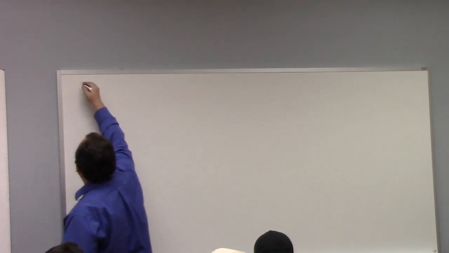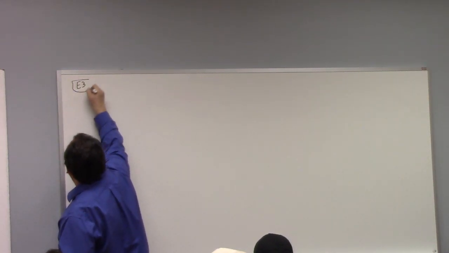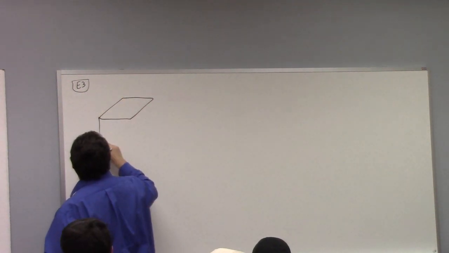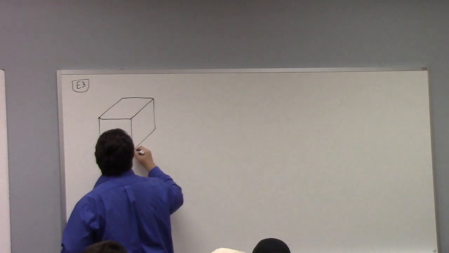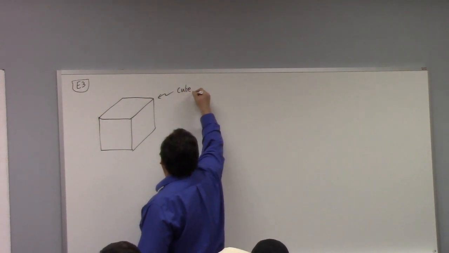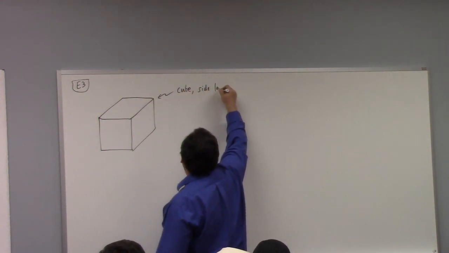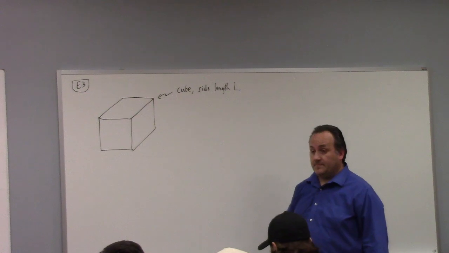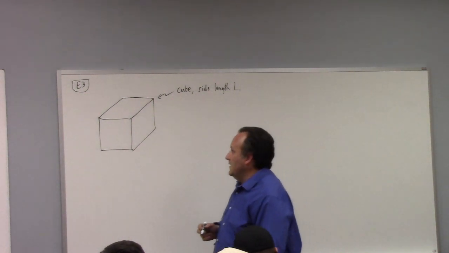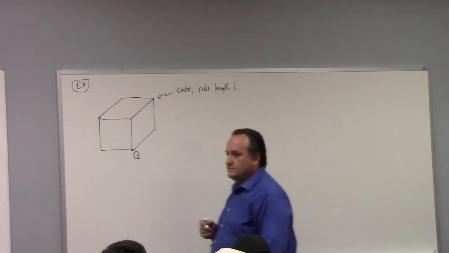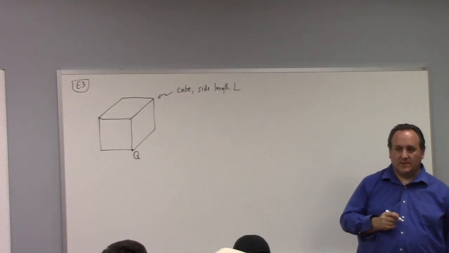Example 3. Imagine we have a cube. You got it? There's a cube. We'll say side length L. And suppose I put a charge Q right here.